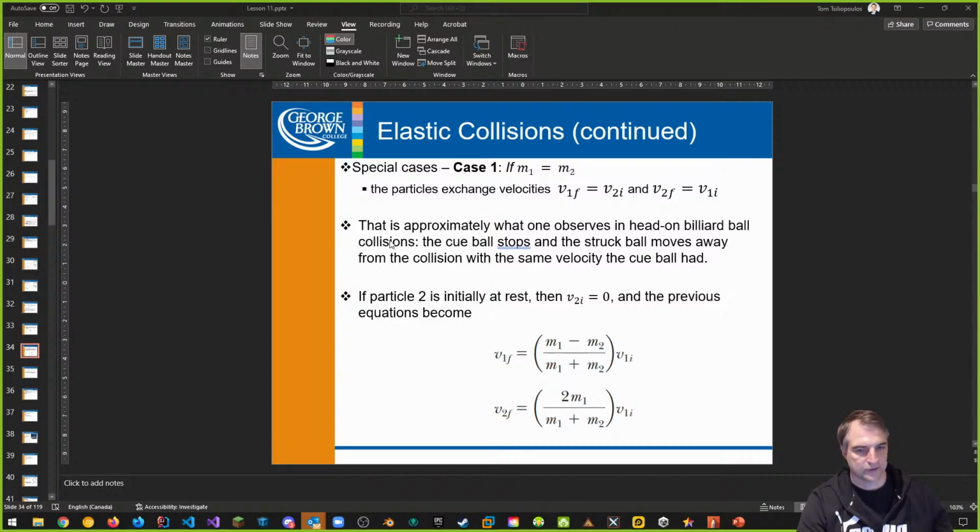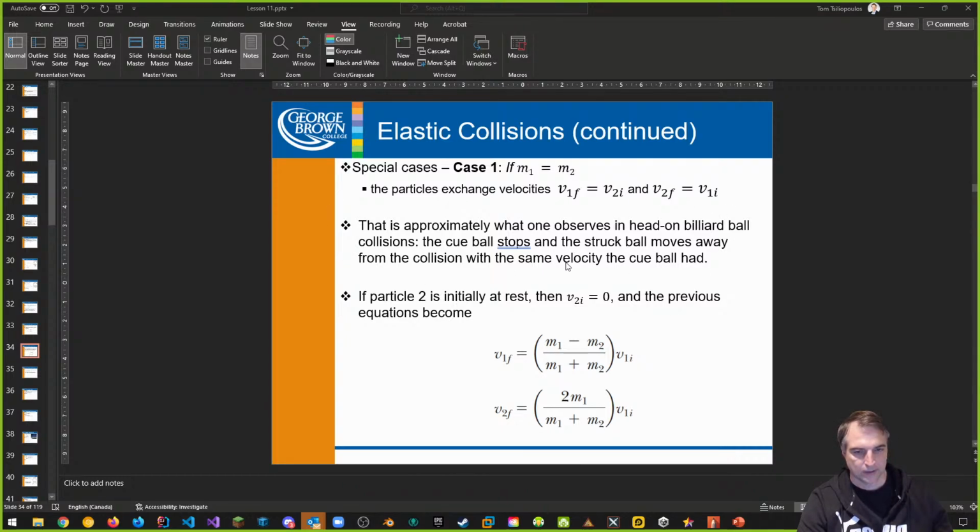So this is approximately what one observes in a head-on billiard ball collision, which is kind of what you're doing. You have these billiard balls in your little box of balls, as an example. They fall down and they strike each other, and energy is transferred between them. Now this is if we don't have gravity involved.